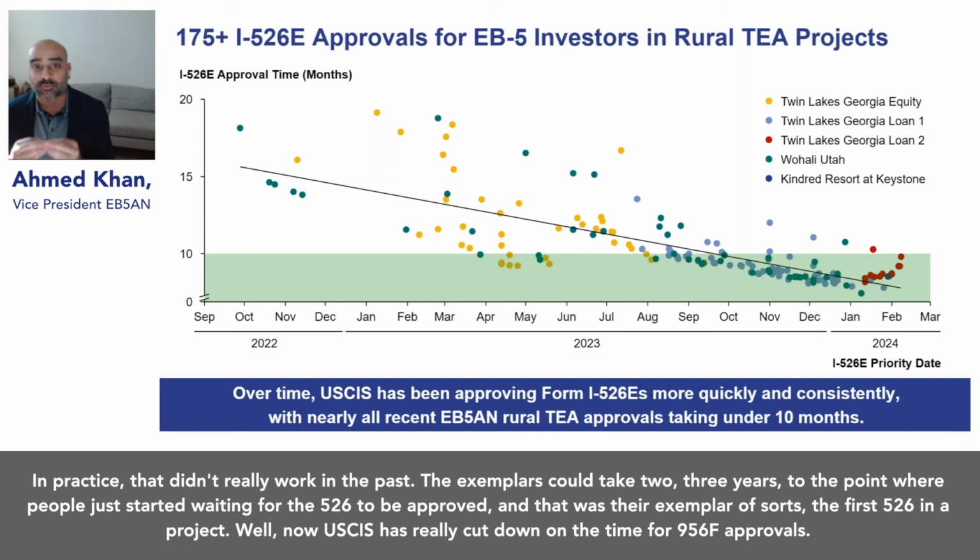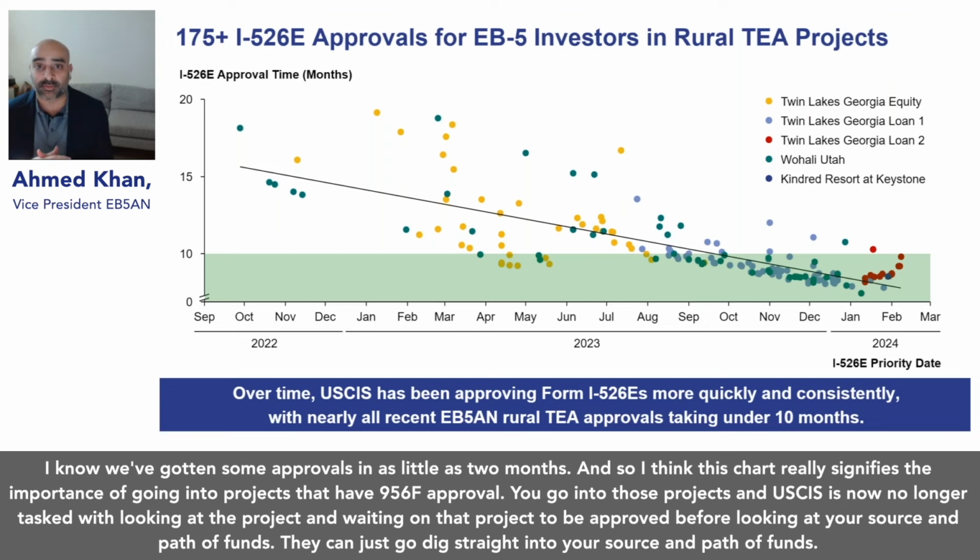Well, now USCIS has really cut down on the time for I-956F approvals. I know we've gotten some approvals in as little as 2 months. And so I think this chart really signifies the importance of going into projects that have I-956F approval. You go into those projects, and USCIS is now no longer tasked with looking at the project and waiting on that project to be approved before looking at your source and path of funds.